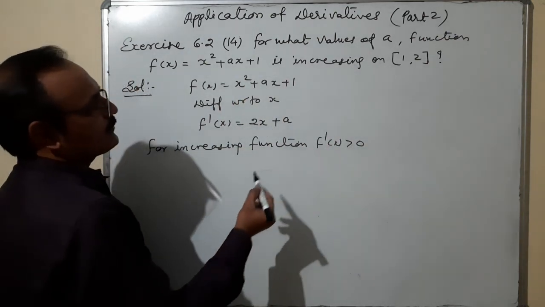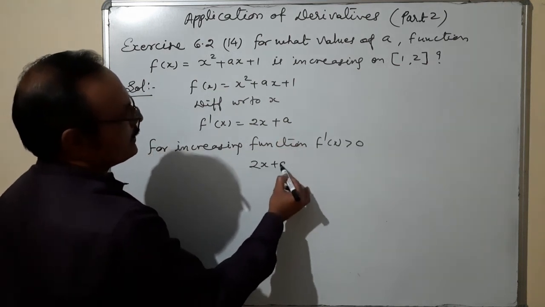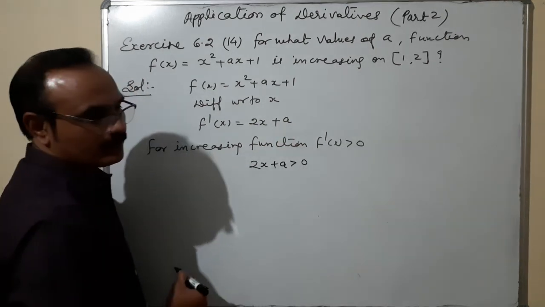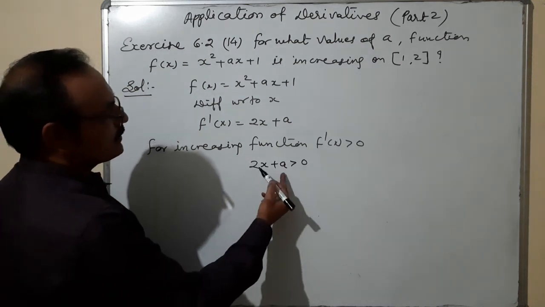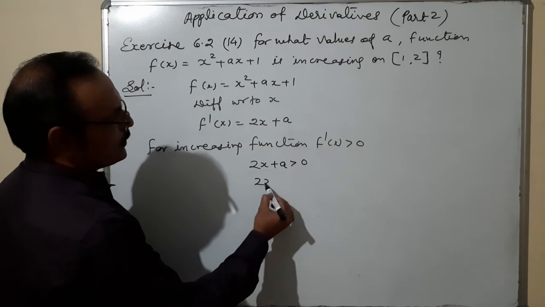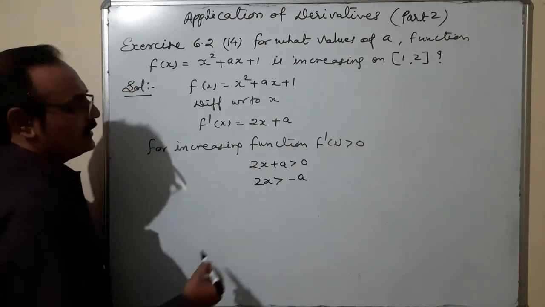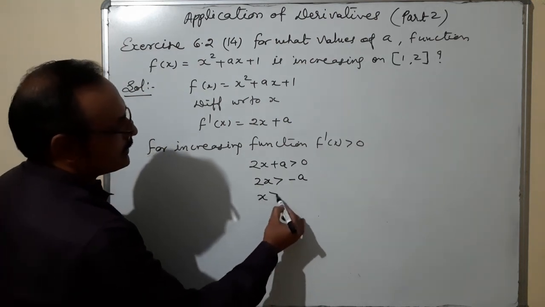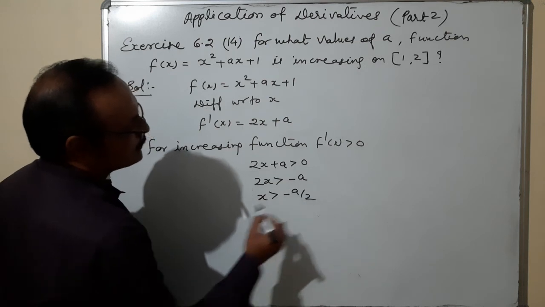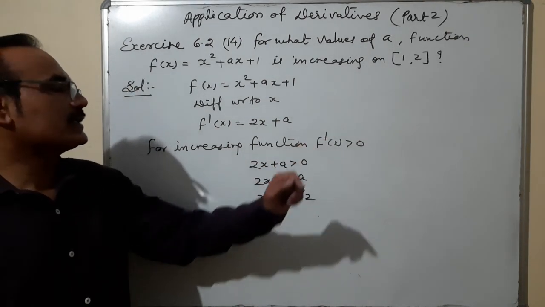So I write here f dash x is greater than 0, that means 2x plus a is greater than 0, that means 2x is greater than minus a, and x is greater than minus a by 2. Is that okay?